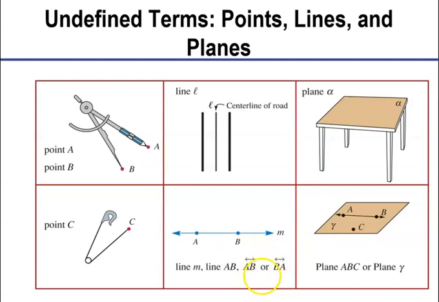It really doesn't matter with a line which letter you put first, because the line extends forever in both directions. And notice we have a plane here, plane ABC or plane gamma. Notice you can name a plane with 3 points, or you could just name it what you're calling it, which is gamma.